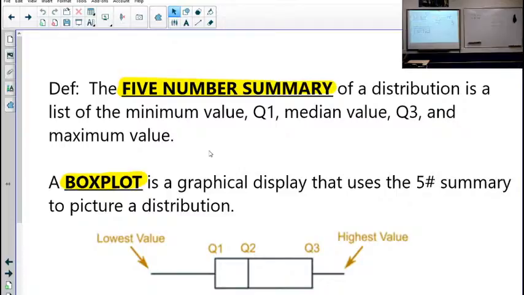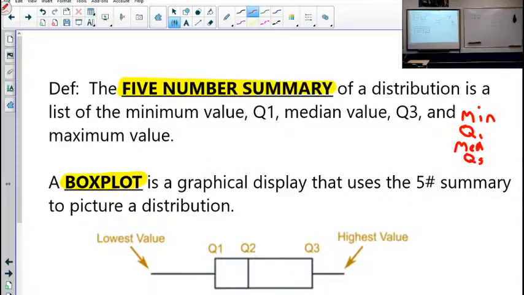The 5 numbers are going to be, I'll list them off vertically: the minimum, the smallest number, Q1, the median, which is Q2, Q3, and the maximum. And this gives us a quick glance of what the lower bit of the data looks like, what the higher bit of the data looks like, where the middle of the data is.